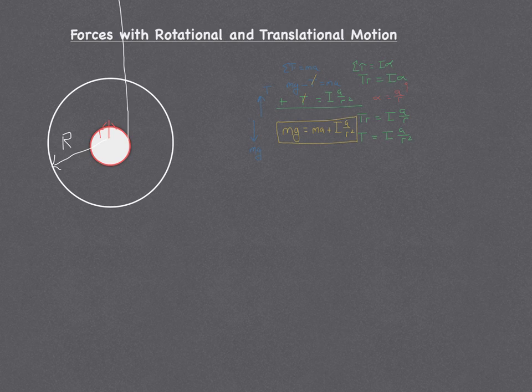Now we just have a little bit of manipulation to get the a by itself. If we factor out the a, we have m plus I over r squared. Just move that on over.